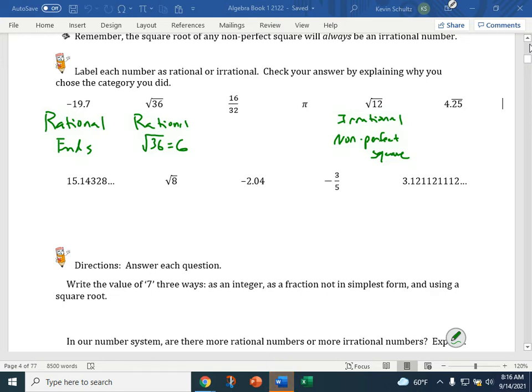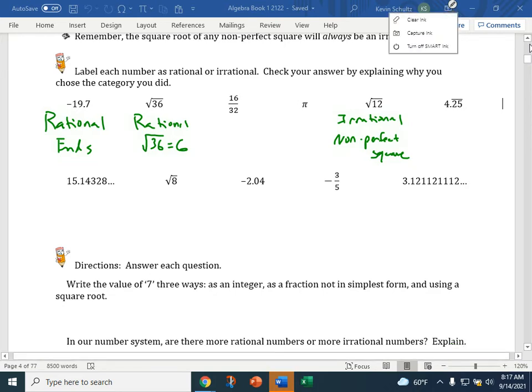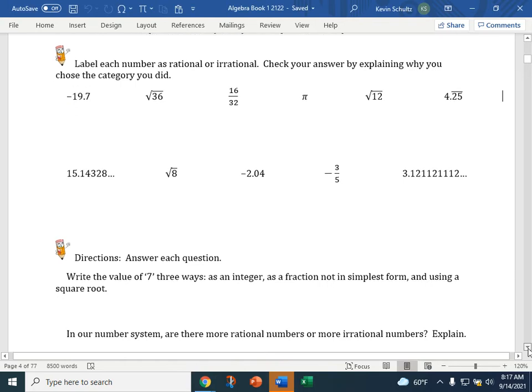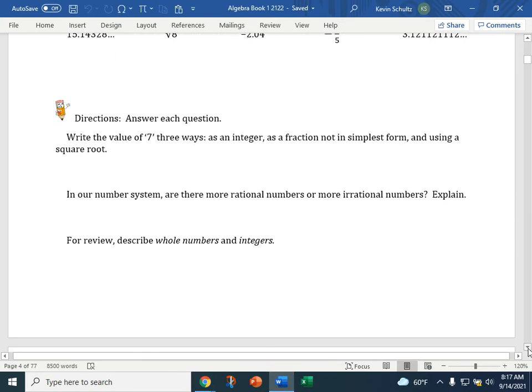The bottom section says answer each question. And it says write the value of 7 three ways. This kind of goes back to maybe some words that you learned last year. As an integer, a fraction in simplest form, and using a square root, or a fraction not in simplest form, and using a square root. What's an integer? What's an integer, Arlene? A positive or negative number.